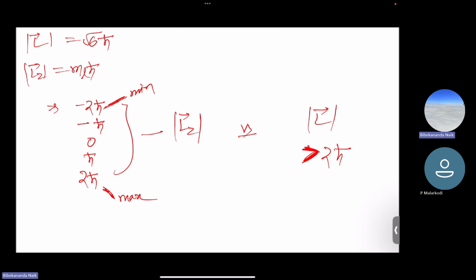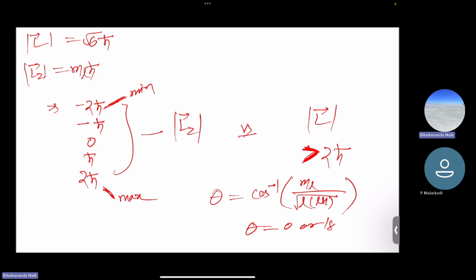Yes, sir. Also, there was a formula which calculated the angle between the L vector and the Lz vector, that was cos theta equals ml divided by root of L into L plus 1. When ml equals root of L into L plus 1, it will be 1 and then theta will be 0 or 180.